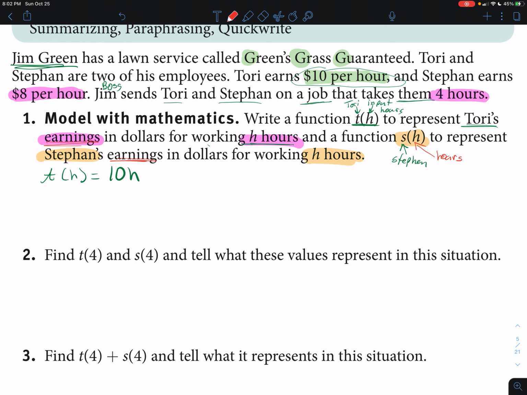Stefan gets paid $8 per hour. So for s of h, we'll write 8h. So this one right here represents Tori's earnings, and this one right here represents Stefan's earnings.